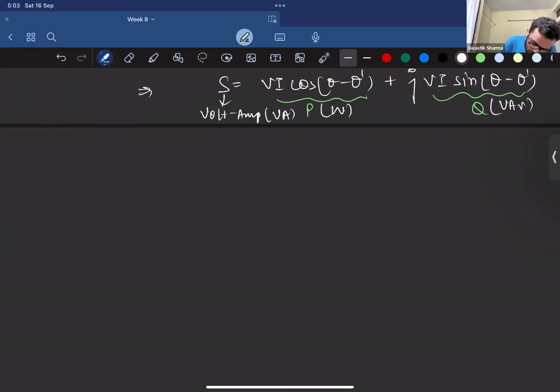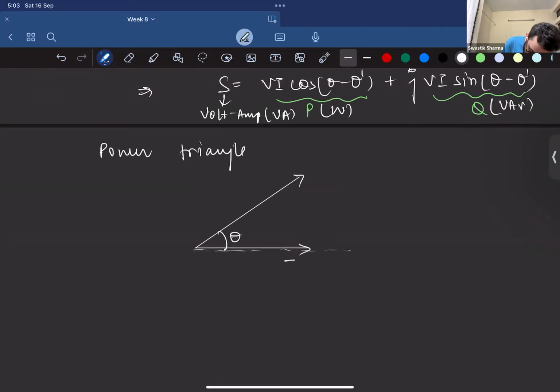Again, there's the concept of the power triangle as well. Let's say you have a current I at an angle theta. So this is going to be I cos theta, and this is I sin theta, right? If we have a voltage at V angle 0 and multiply the whole thing, we get VI sin theta and VI cos theta.